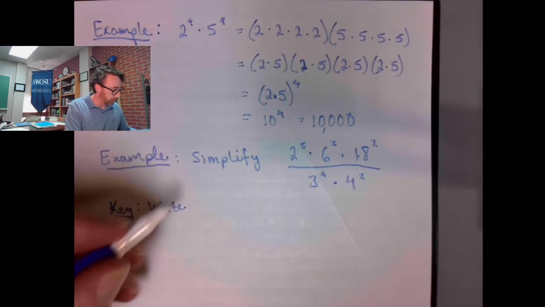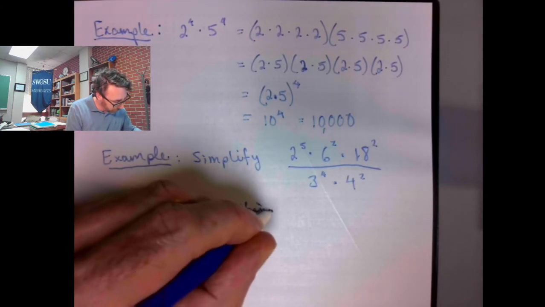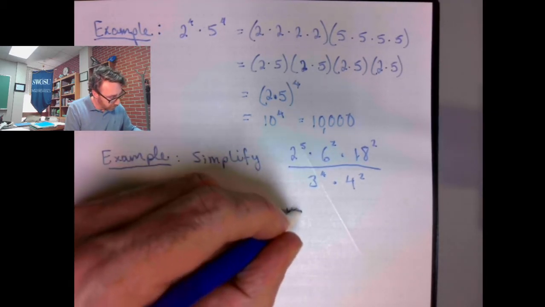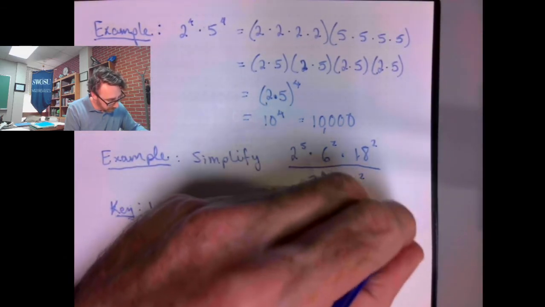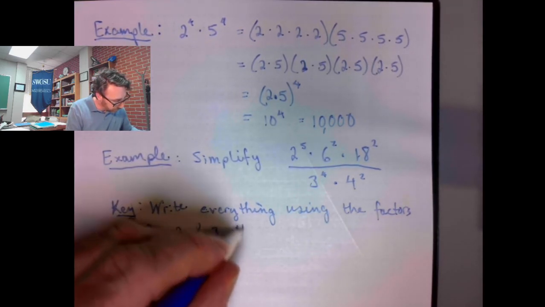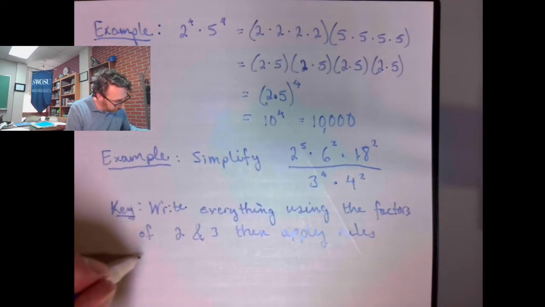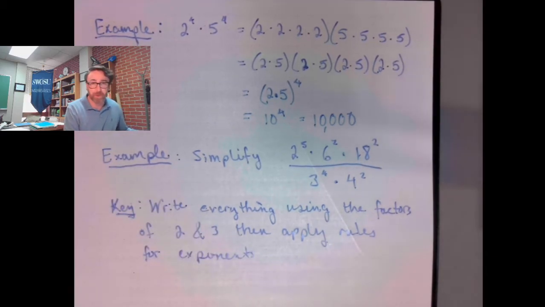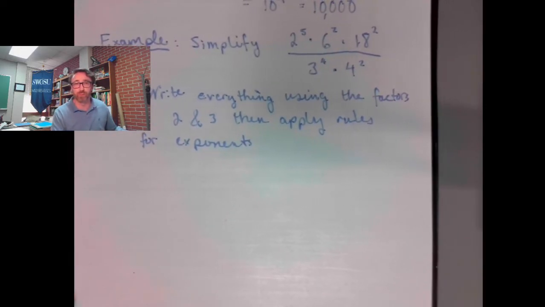So I'm going to write everything using factors of 2 and 3, then apply the rules for exponents.